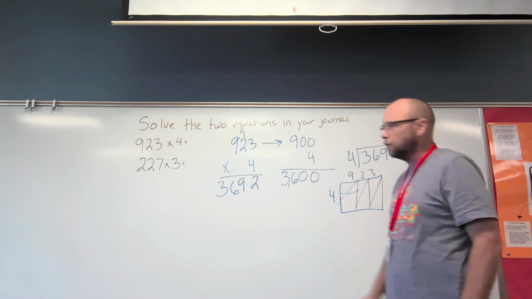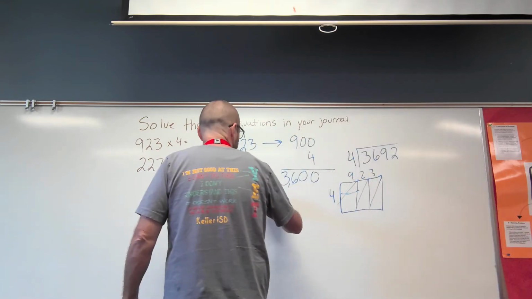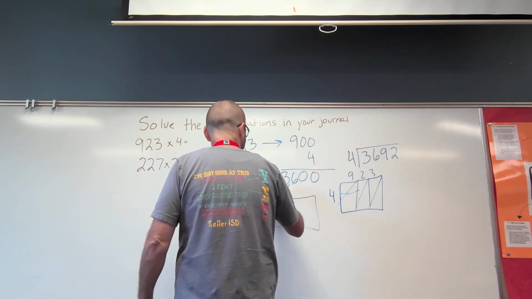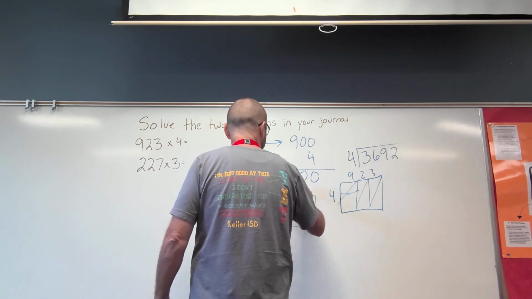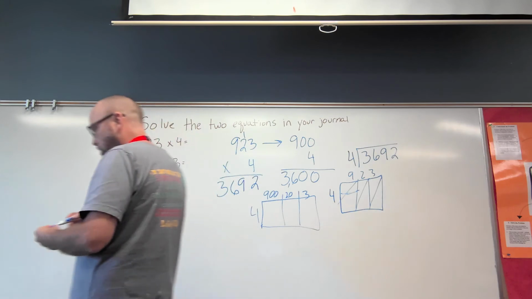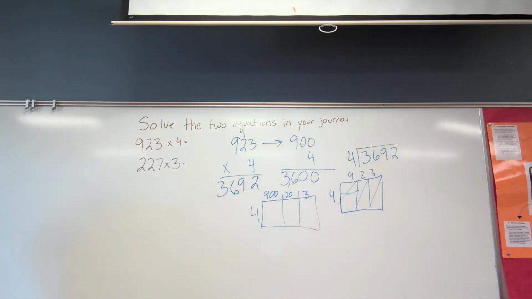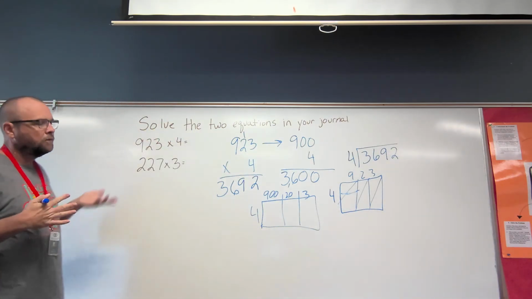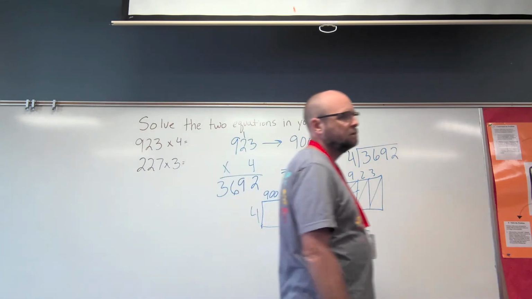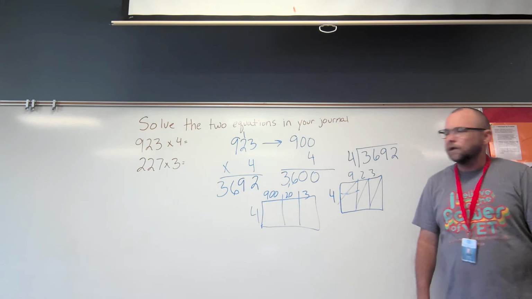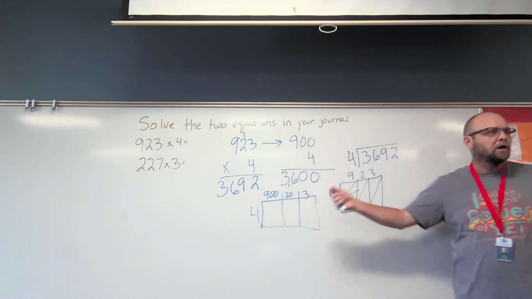You might have learned the method where we have 920 and 3, and then you add those 3 products together. I don't care how you do it. And there are probably other ways that you've learned. I don't know all the ways. But do it how you're comfortable doing it.